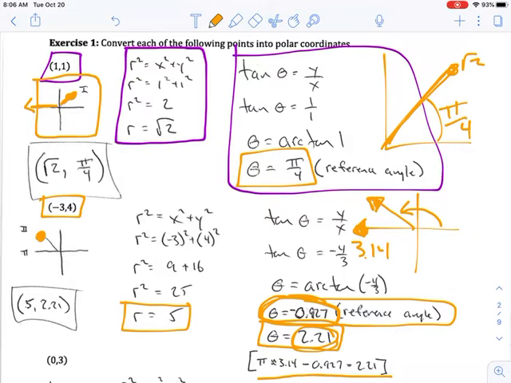I have a reference angle of 0.927, which would be this angle in here. And so then I subtract that from the 3.14 and I get this angle over here, which is approximately 2.21 radians. And so that does put me in the second quadrant, which is where I want to be.